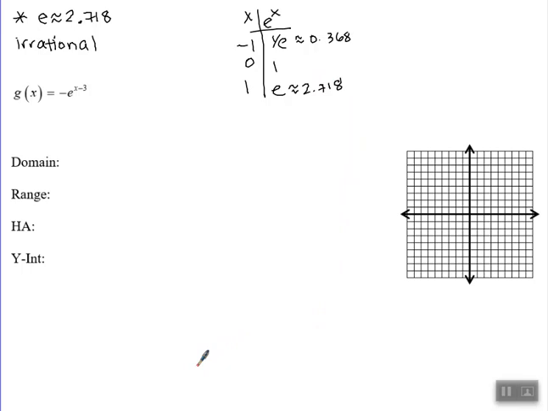Other than the base, all of the transformation rules are similar to what we just looked at. Our h, k point is 3, 0. So our horizontal asymptote is going to be y equals 0. And since our a value is negative, our graph is going to flip upside down.